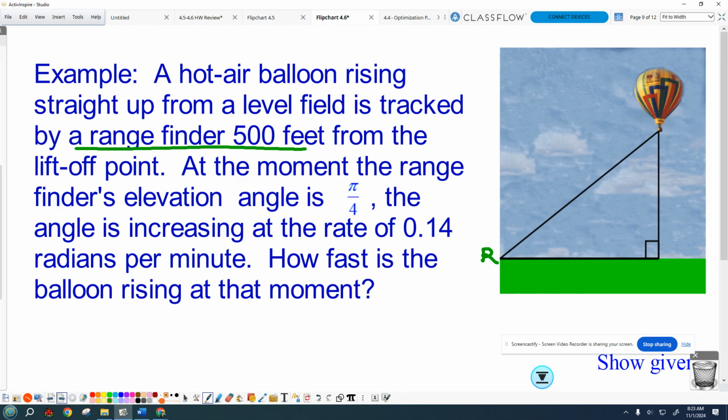At the moment the rangefinder's angle of elevation is pi over 4. Where do I label the pi over 4? Near where the R is?